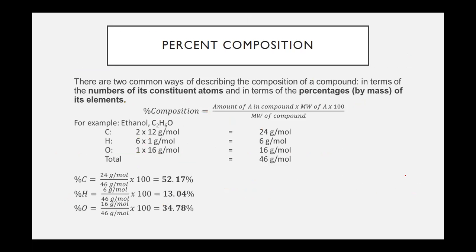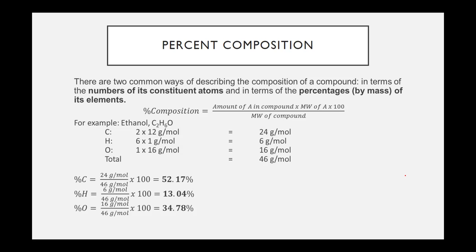So for the next one, we will be talking about percent composition. So there are two common ways of describing the composition of a compound in terms of the numbers of constituent atoms. So siya na na-describe natin kanina. Nakikita natin sa subscript.